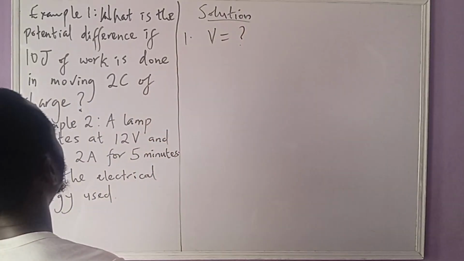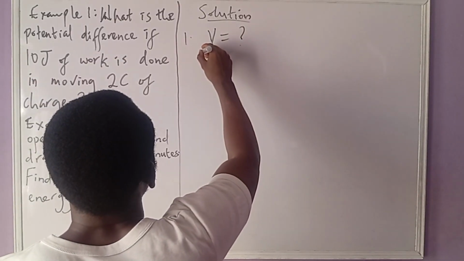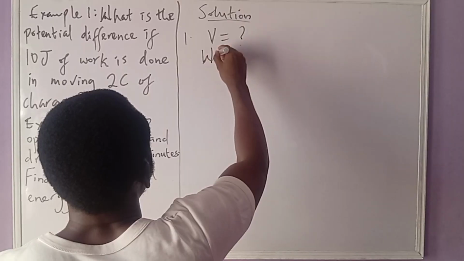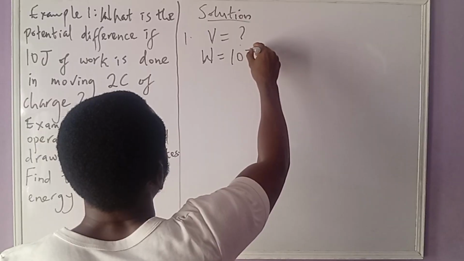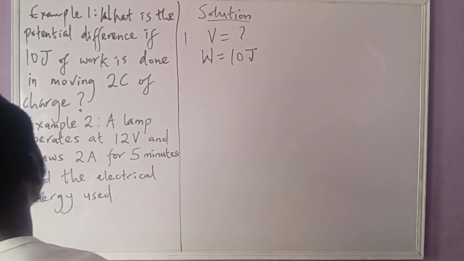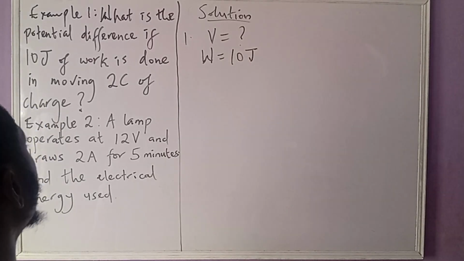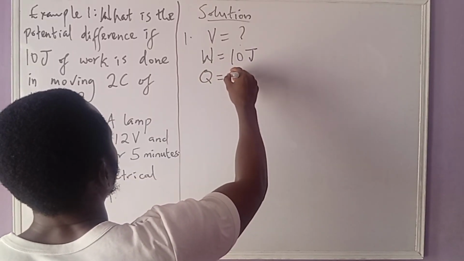The work W is 10 joules, and the work is also the electrical energy here. And we have our charge Q. Charge Q is 2 coulombs.